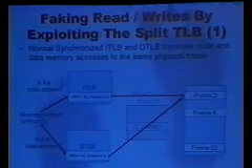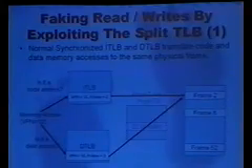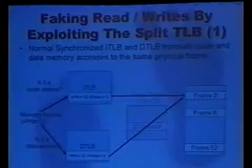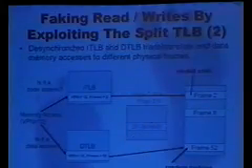So the ITLB and the DTLB are both synchronized. They both point to the same frame in physical memory. Well, that's the normal situation. What if we could actually desynchronize them?